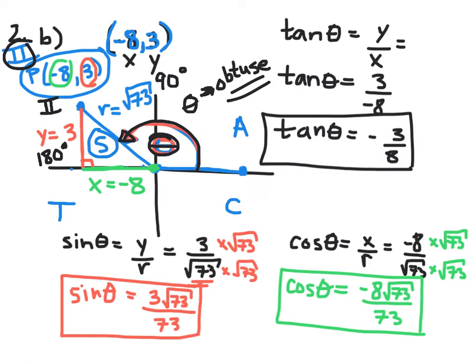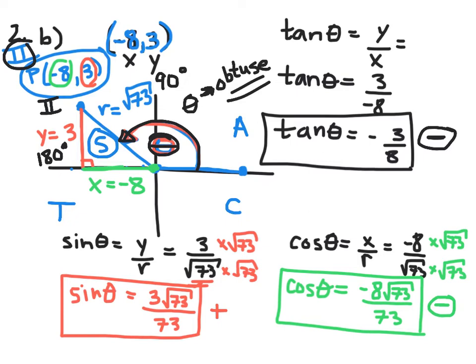If you look at your sine theta, this is a positive number divided by a positive number, which is positive. Your cos is negative because it's negative divided by a positive, and your tan also is a negative number. So that all adds up. In quadrant 2, the only thing that is positive is your sine ratio.